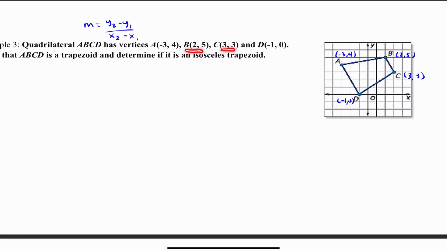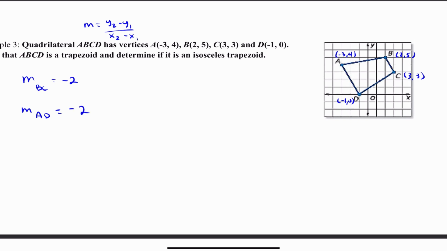So here's B and C, and finding the slope using those two points, the slope of BC is going to give me -2, okay? And then let's find the slope of AD. If I plug it into this formula, I'm going to get -4 over 2, which is going to reduce to -2.